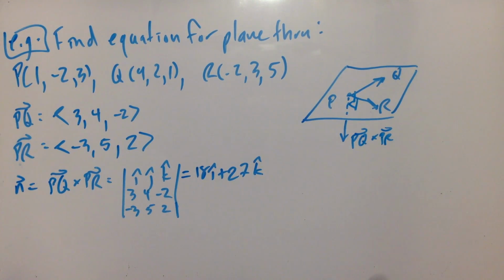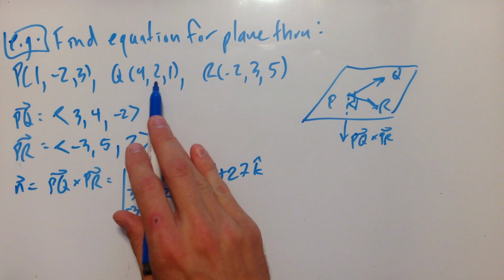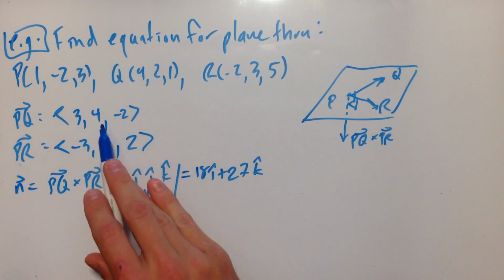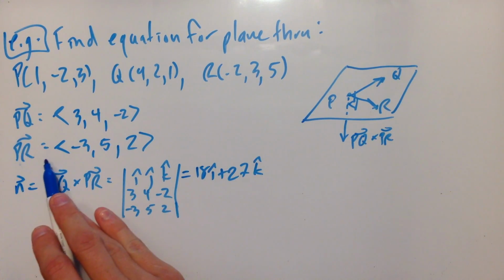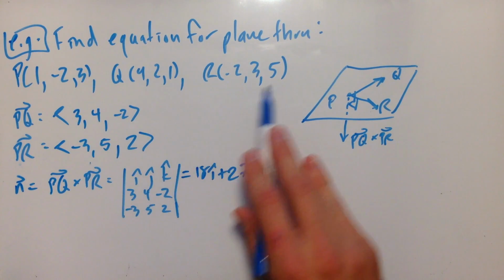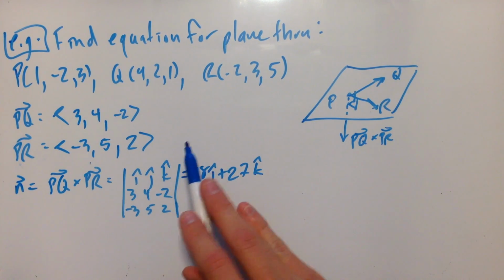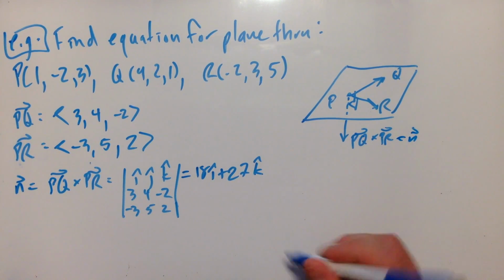Great. So, for PQ, I subtract the coordinates of P from Q. 4 minus 1 is 3, 2 minus negative 2 is 4, 1 minus 3 is negative 2. Similarly, the vector PR: negative 2 minus 1 is negative 3, 3 minus negative 2 is 5, 5 minus 3 is 2. Then I take their cross product to find the normal vector n.